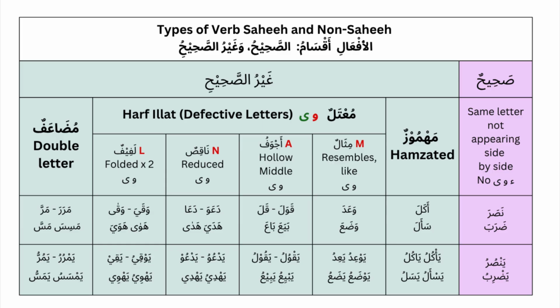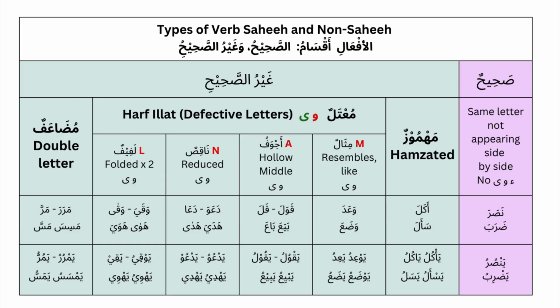L, lafif, two weak letters. You can see these labeled clearly in the table with M, A, N, L, so always follow them in this order. To remember easily, it is manal. And finally, on the far left, we have muda'af, which are verbs with double letters.